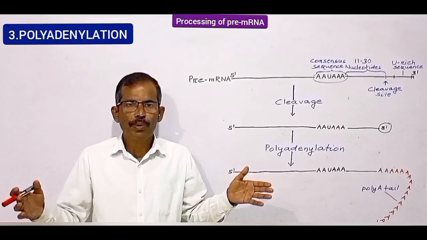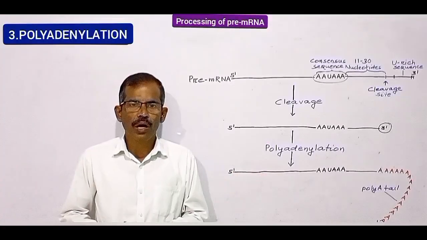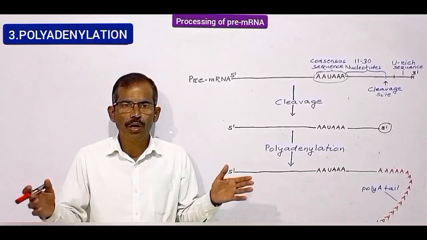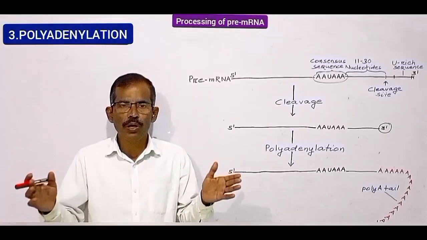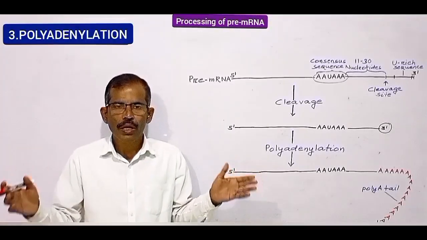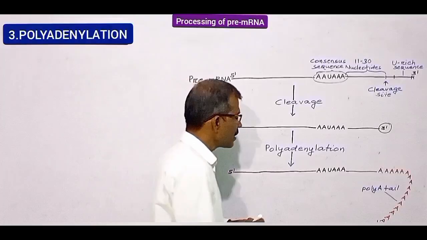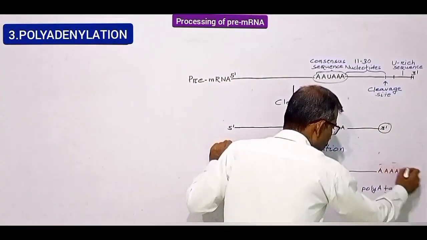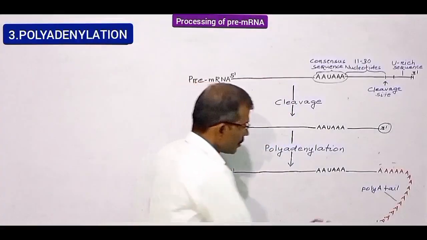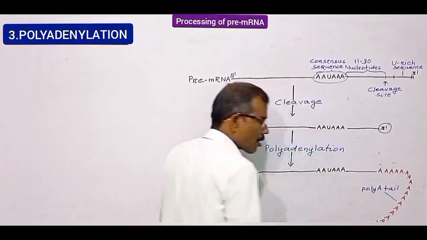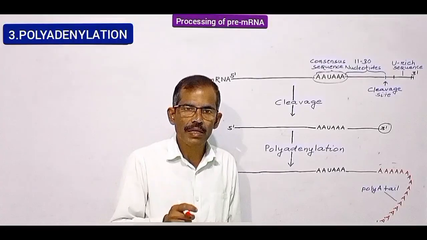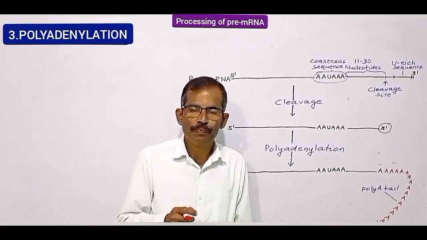The second type of modification to the eukaryotic pre-mRNA is the addition of 50 to 250 or more adenine nucleotides at the 3' end, forming a poly-A tail. These nucleotides are not encoded in the DNA but are added after transcription.